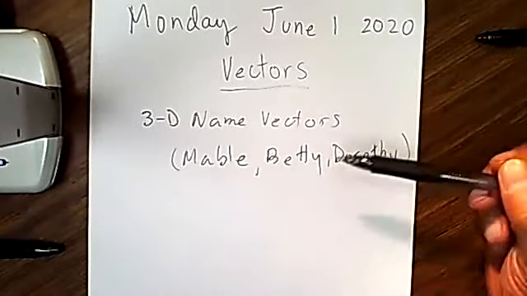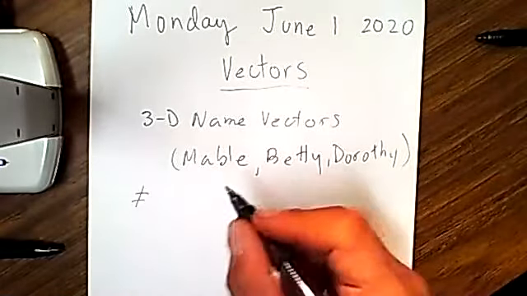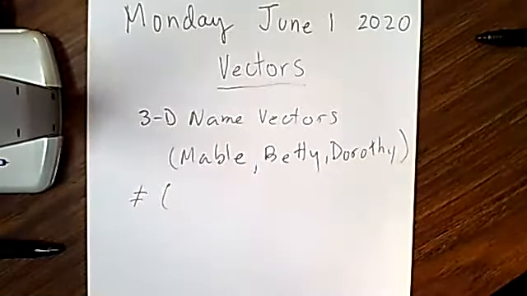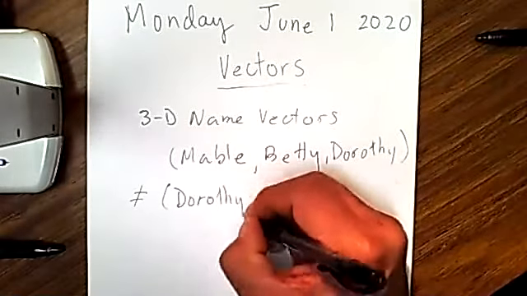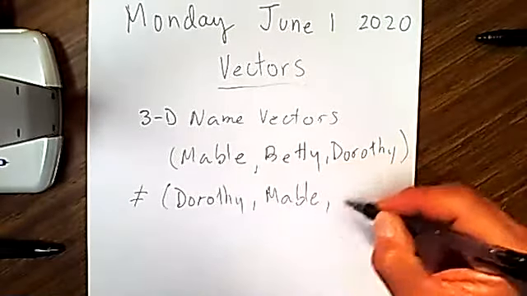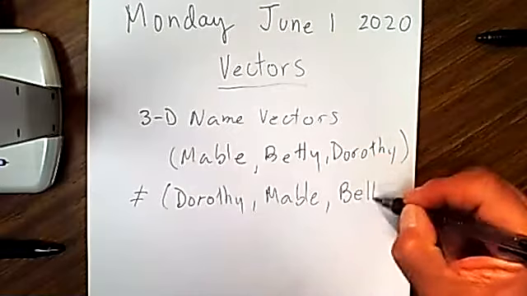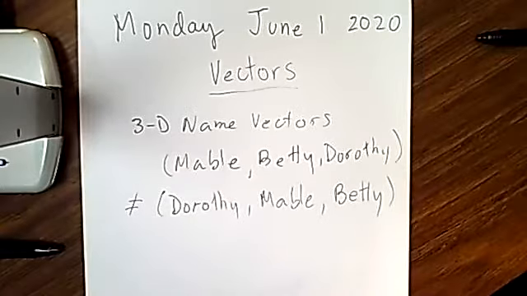If we rearrange the names, then we have a different vector. Say we put Dorothy first, and then Mabel second, and then Betty last. Well, that is a completely different vector. That is not the same vector.